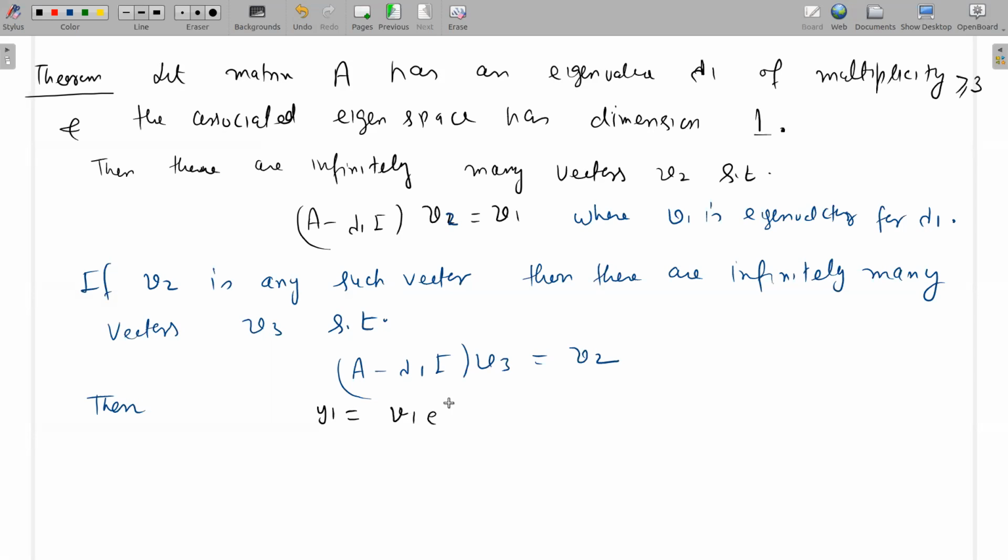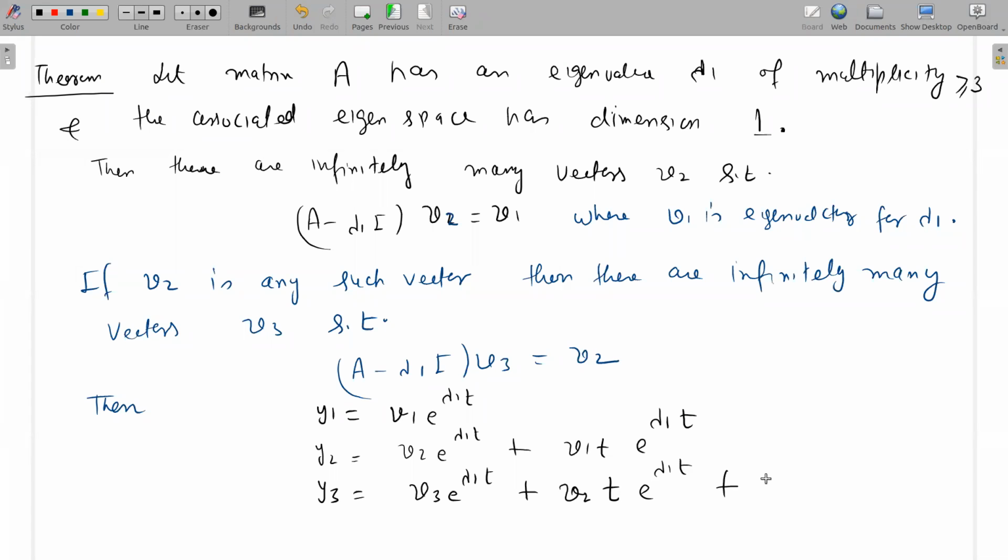क्या बनेगा फिर, एनी गैस, पहले वाले था जो सेम ही है, वो ये एक्स्ट्रा आ गया v3 क्या आएगा, v3 e पावर lambda 1 t प्लस v2 t, ठीक है, v2 t e पावर lambda 1 t प्लस v1 t square by 2, then y1 y2 y3 are linearly independent solutions of y dash equal to Ay. ठीक है, तो एक में t से मल्टीप्लाई कर दो, फिर दूसरे में t square by 2.